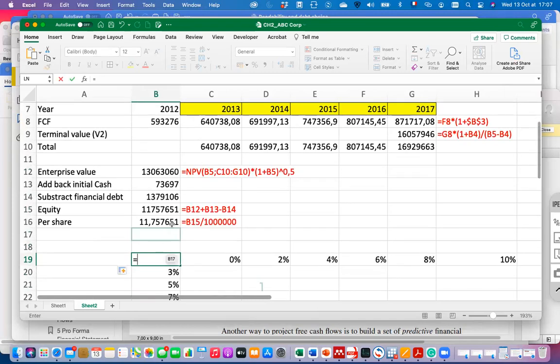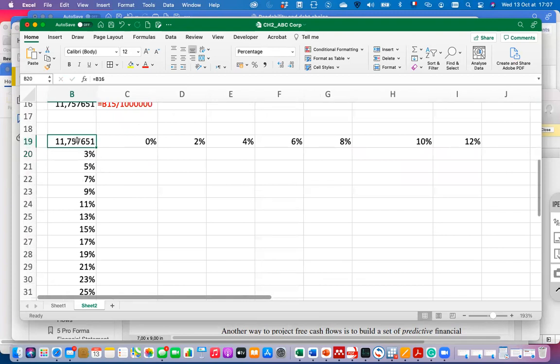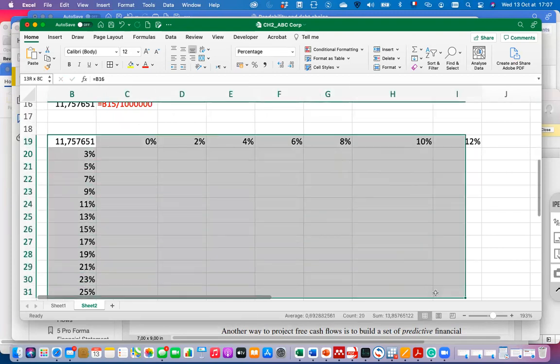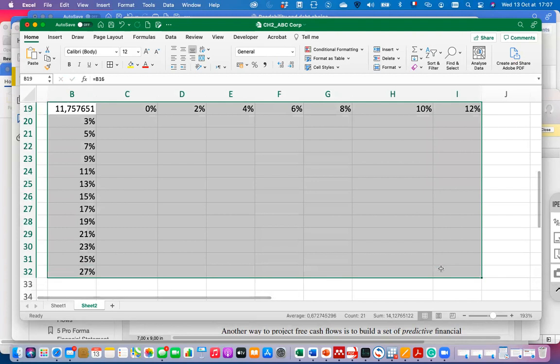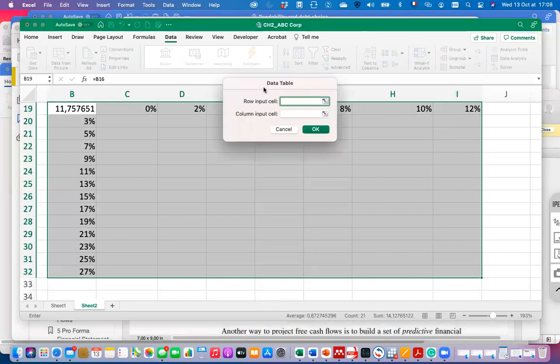Now we go here and type equal. I'm looking for the per share price, right? B16. Then I will select the whole table, go to Data, What-If Analysis, Data Table. See, it's asking for two inputs, the row input and the column input.